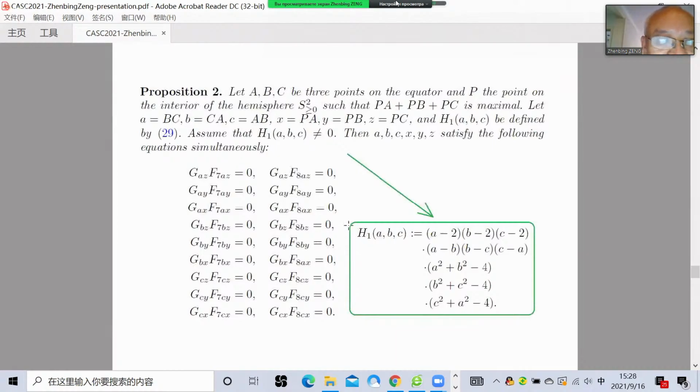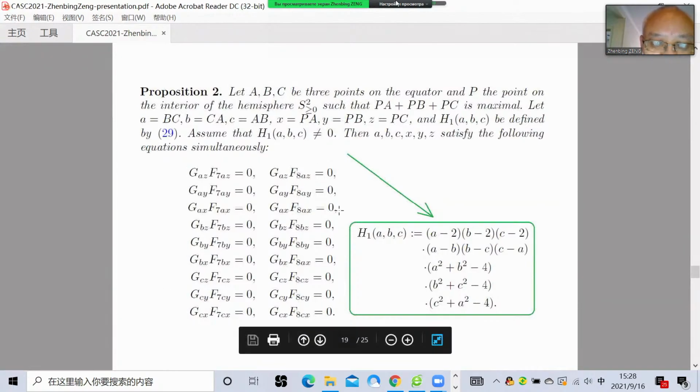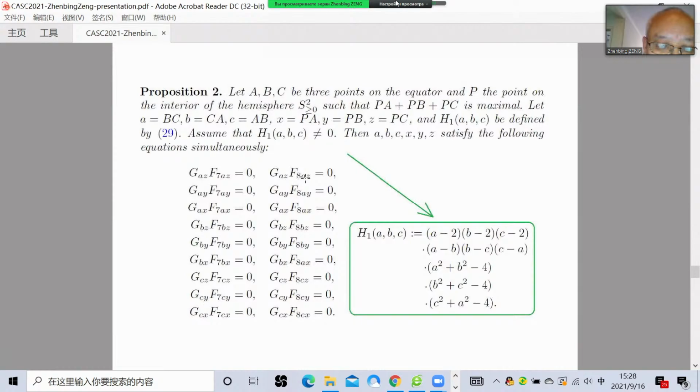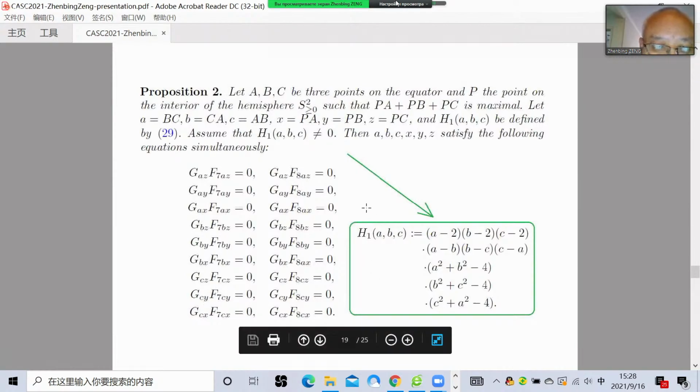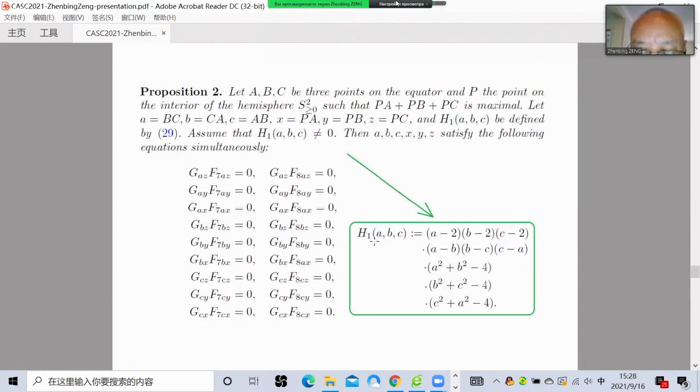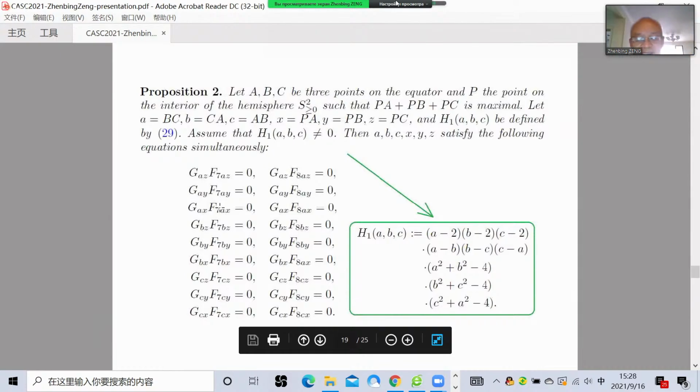Then we get Proposition 2, which says the original polynomial equation system can be simplified to this larger system under the condition h1 not equal to 0. If h1 of ABC is not equal to 0, then the original equation system can be simplified to this system.